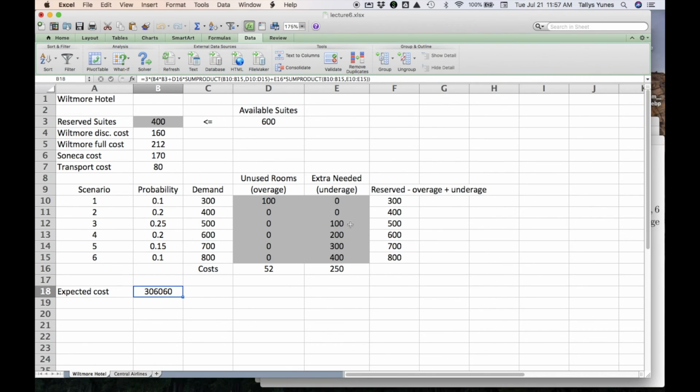In which case, you will have to send these people to the other hotel and pay the $250. But choosing the 400 here minimizes your expected cost, which turned out to be, over the course of 3 days, $306,060.